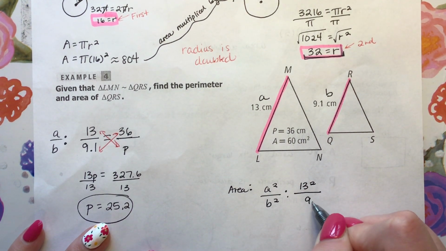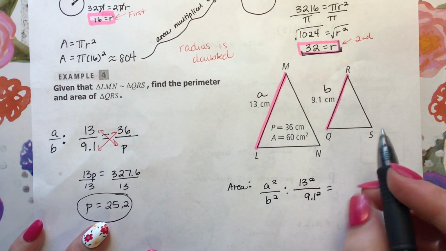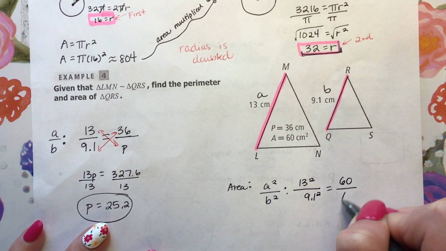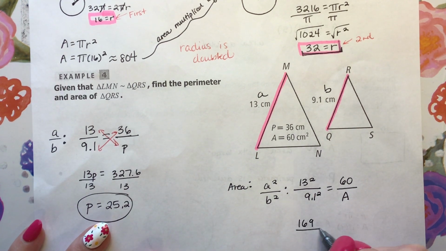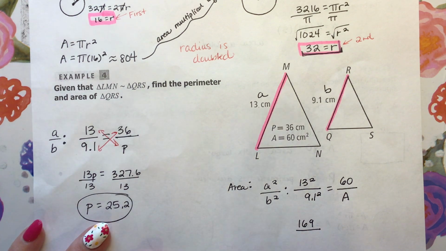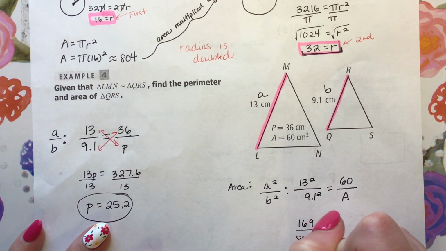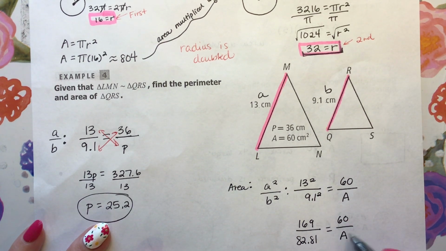B is going to be 9.1 squared. And that's going to equal area over area, or 60 over, and I'll just put a capital A for area. So let's square both of those things and get those numbers. So I have 169 over 82.81, and that's going to equal 60 over A.